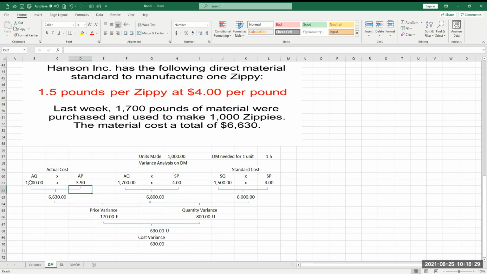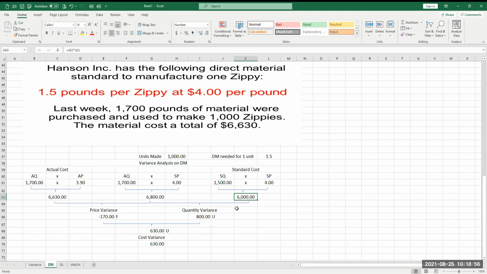So let's do the analysis. For the quantity analysis, based on my standard, in order to produce 1,000 units, I need to spend 1.5 thousand pounds, and I have to spend $4 per pound. So I have to spend in total $6,000.